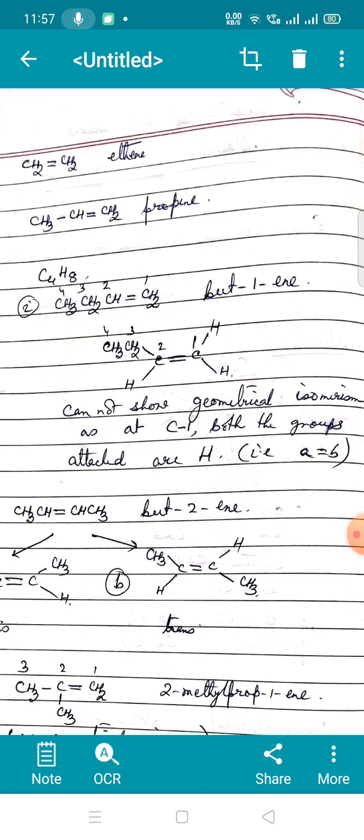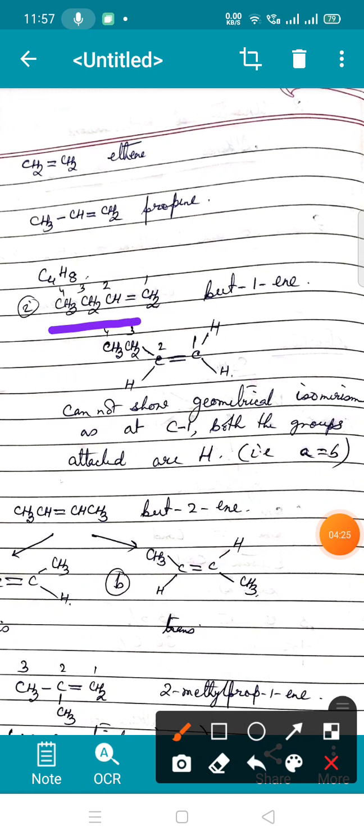Now the question arises, can we have geometrical isomerism for this? The answer is no. Because when I project the carbon-carbon double bond, when I write it in this form, you see the same compound I have written in this way by projecting the carbon-carbon double bond. What we need to notice is that on carbon 1, both the groups are the same, hydrogen.